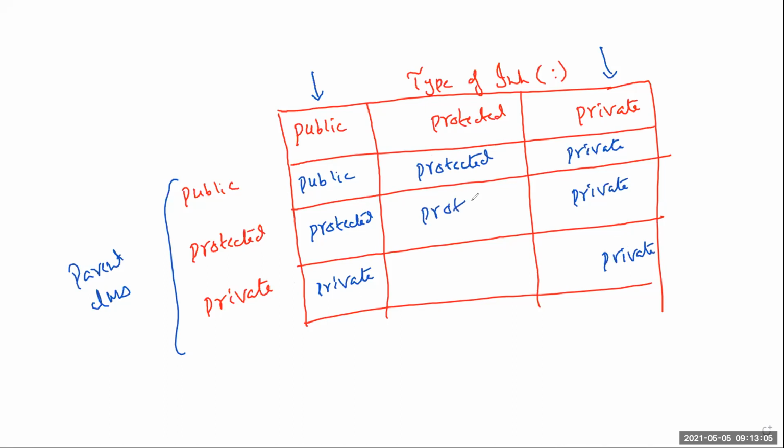Protected is already protected, and since private has higher restriction than protected, it will remain private. So now you see, this is the complete set of 9 combinations, showing what will happen to each type of data or functions in the parent class by changing the type of inheritance.